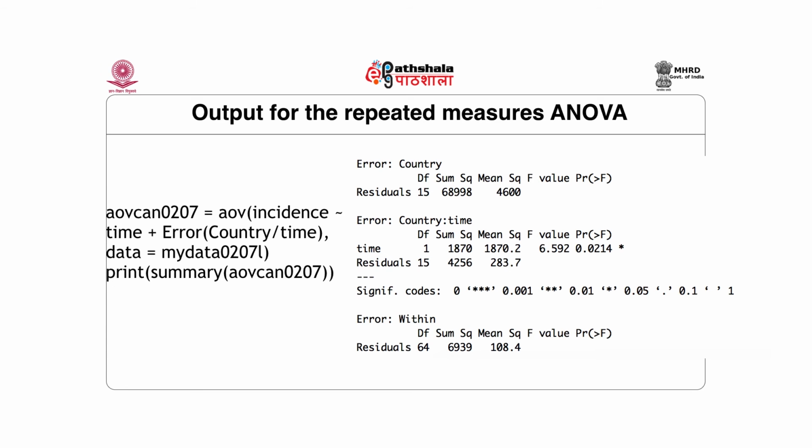What we try to do here is we would like to see by how much the incidence has come down over time, or whether time has been a significant predictor of the incidence, just to keep things simple. So incidence is the outcome variable, time is the predictor variable, but it is important to note that time is nested within each country.